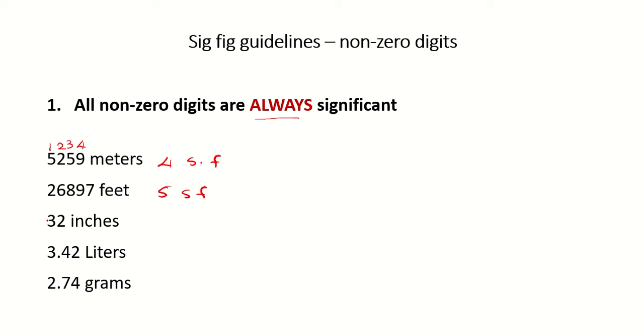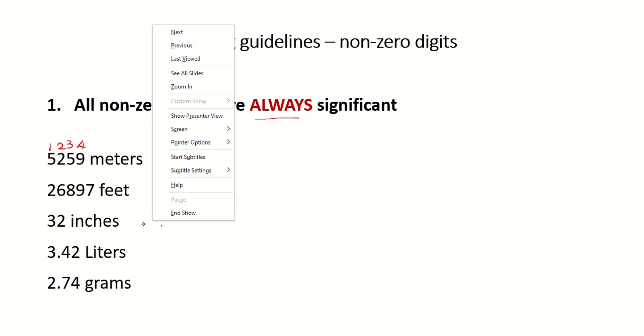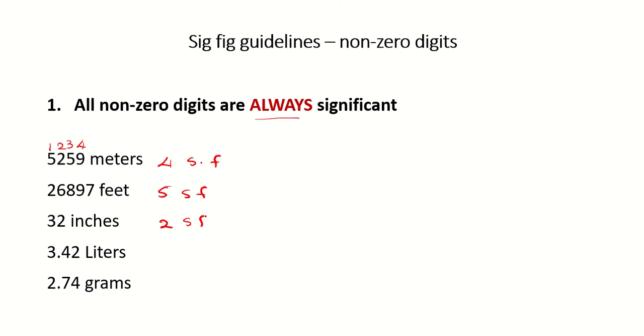You don't have any zeros. 1, 2. This one has 2 sigfigs. 3.42 liters. Start counting the number of significant figures. You don't see any zeros. 1, 2, 3. You have 3 sigfigs. This number, 2.74 grams. 1, 2, 3 sigfigs.